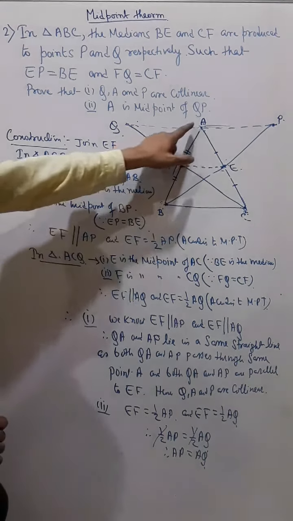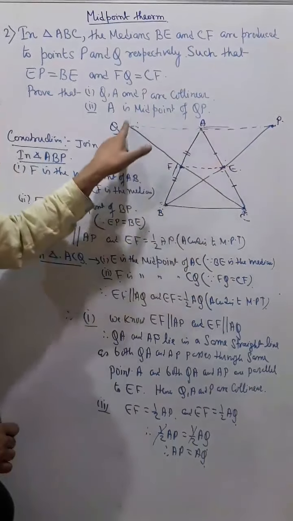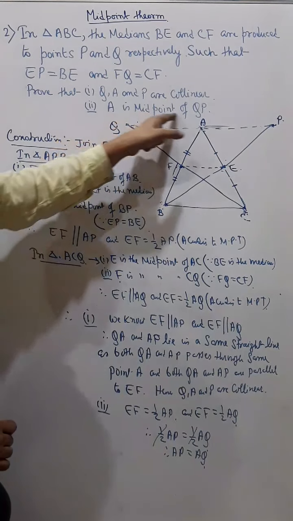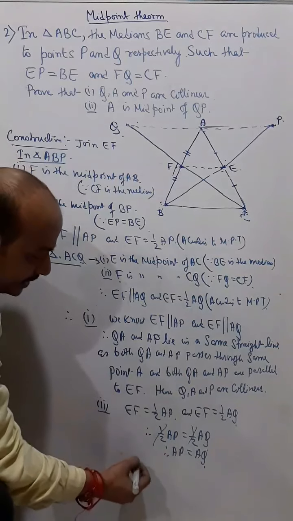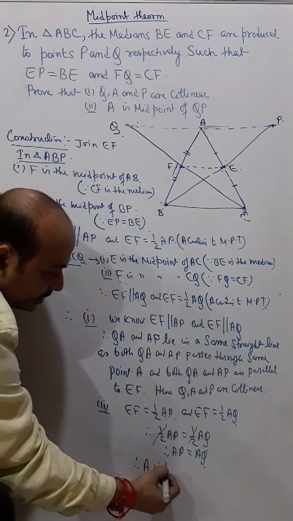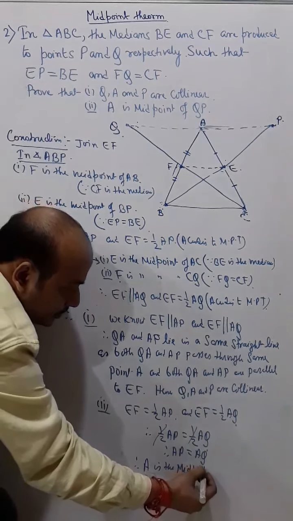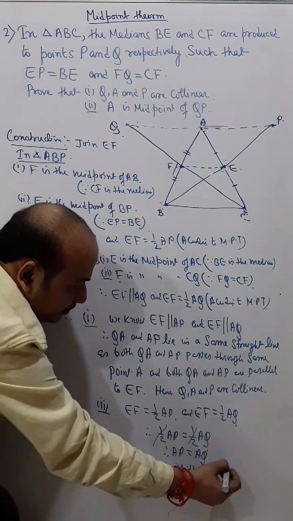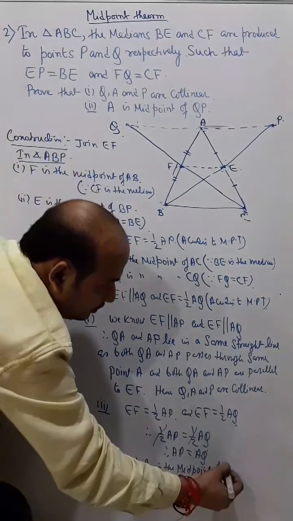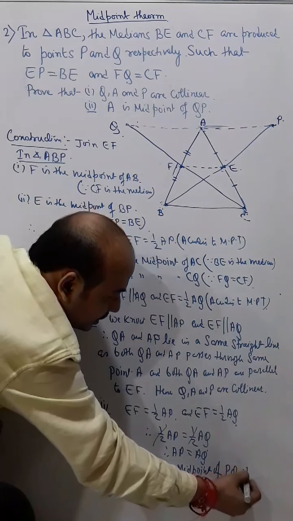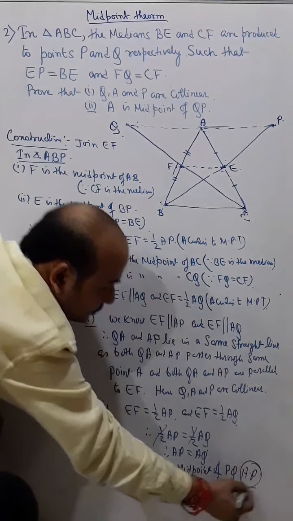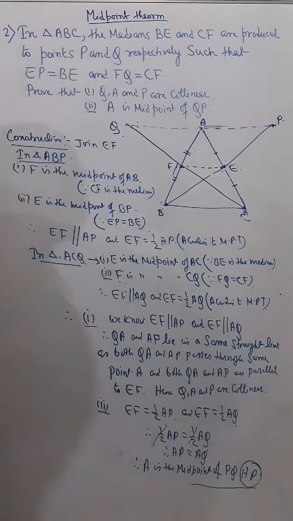So AP equals AQ, and therefore finally we can say A is the midpoint of PQ. Okay, so hence proved. Okay, understand?